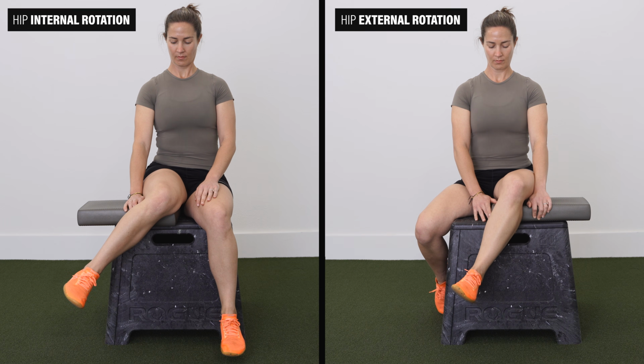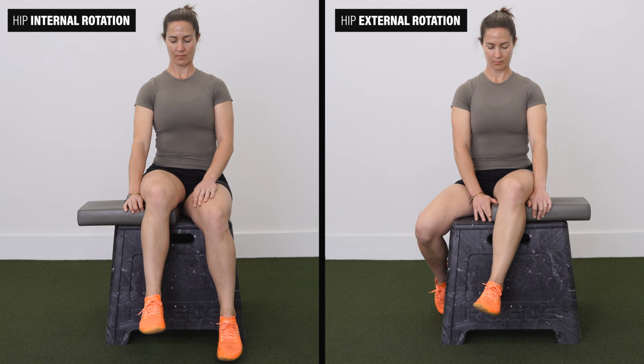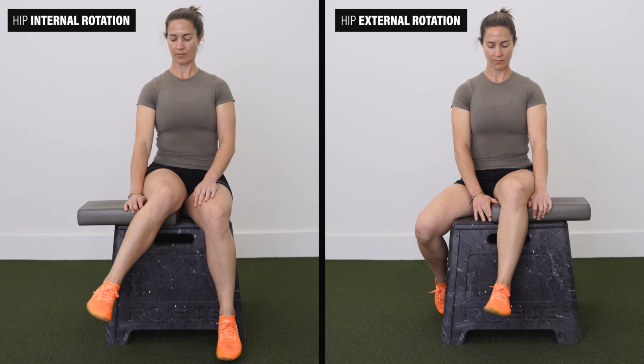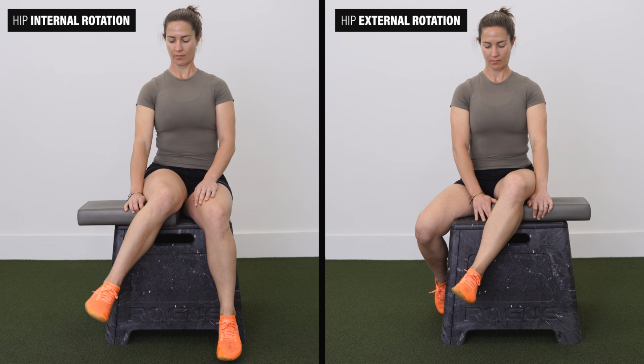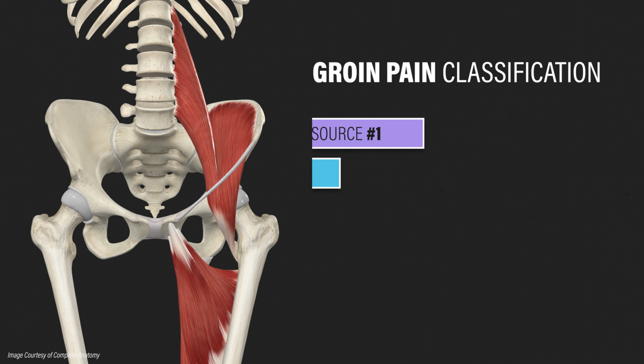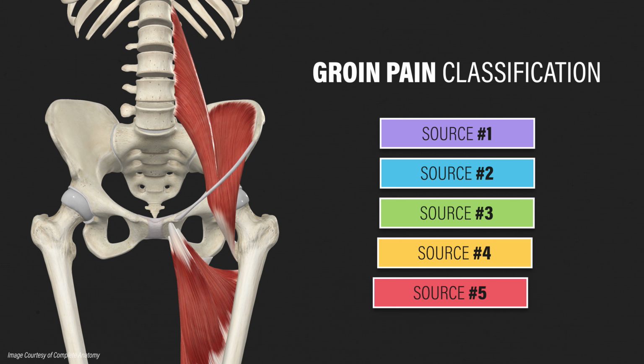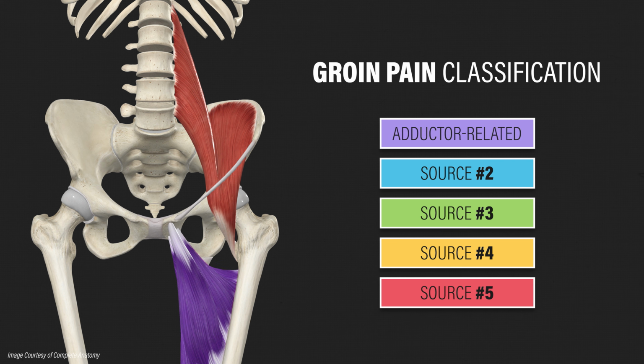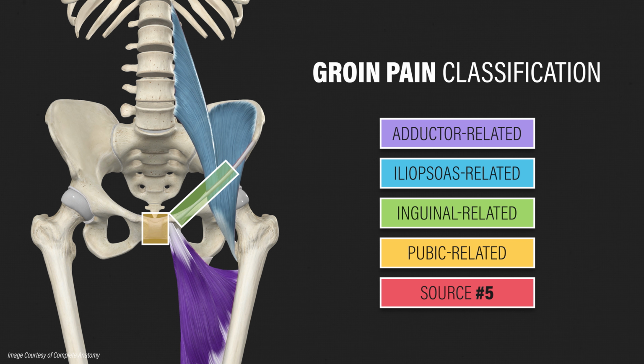Many of the muscles I just mentioned are also involved in hip internal and external rotation, as well as stabilizing the pelvis. There are several potential musculoskeletal sources of groin pain: adductor-related, iliopsoas-related, inguinal-related, pubic-related, and hip-related.